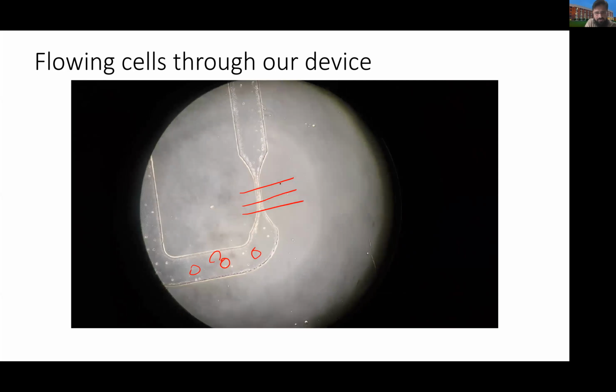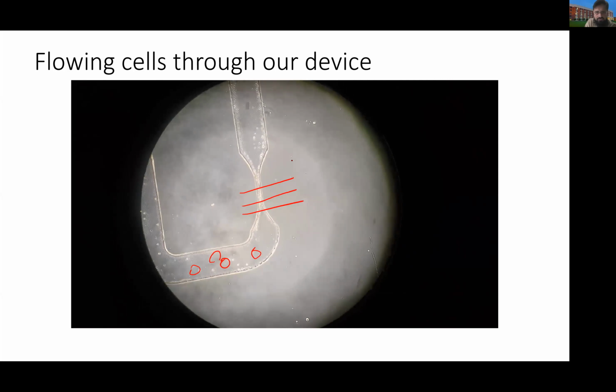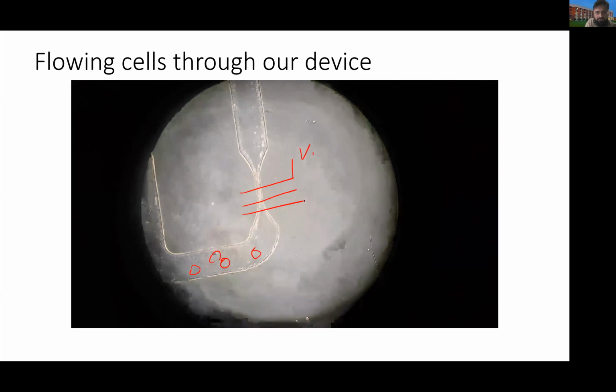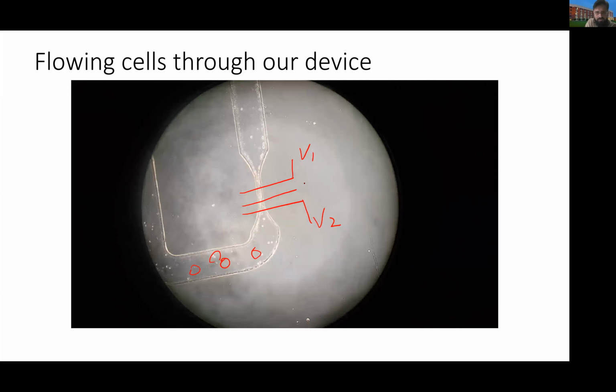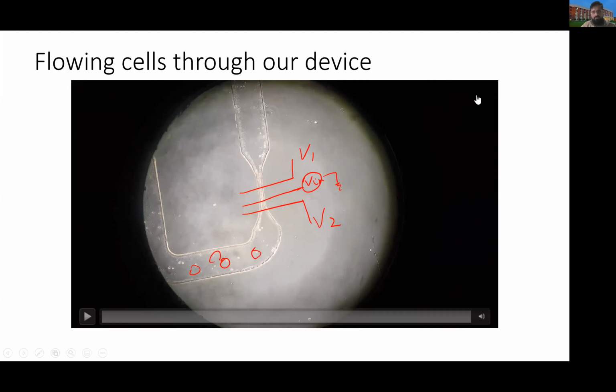So one by one, the cells are moving through the microelectrodes, and on these microelectrodes we are measuring V1, we are measuring V2, and we are putting the input voltage here. So that's the way we do this.